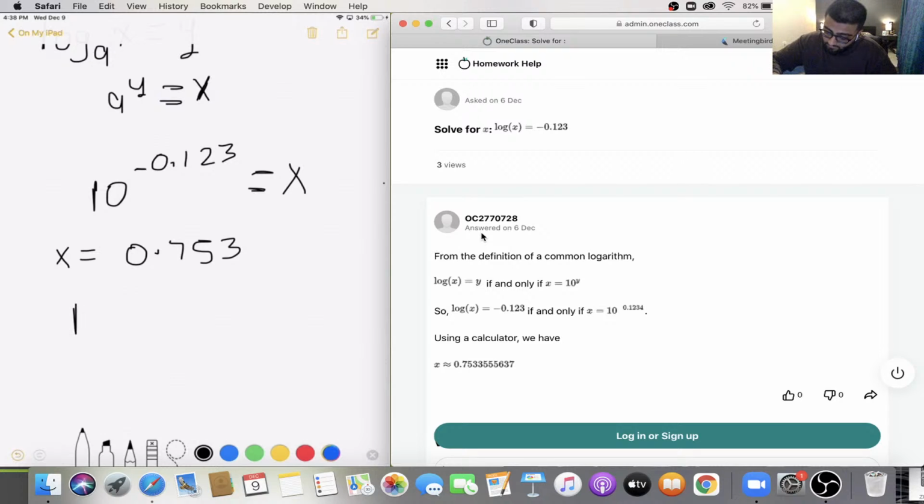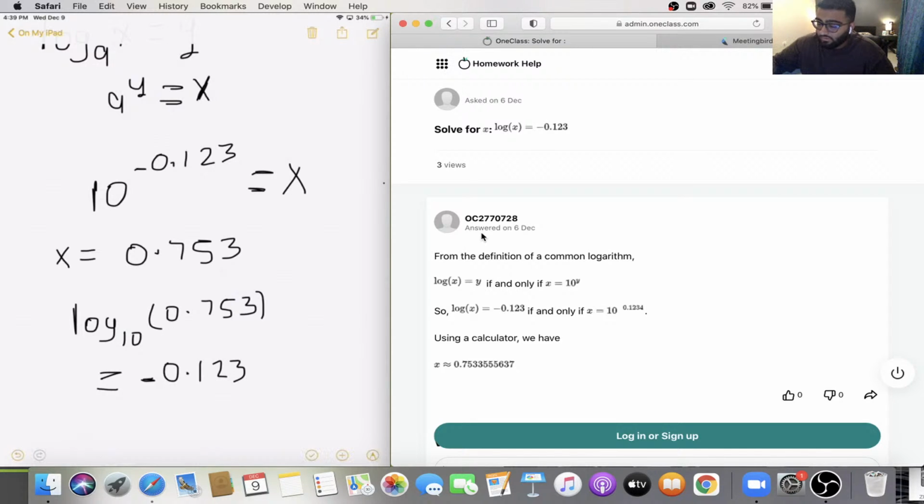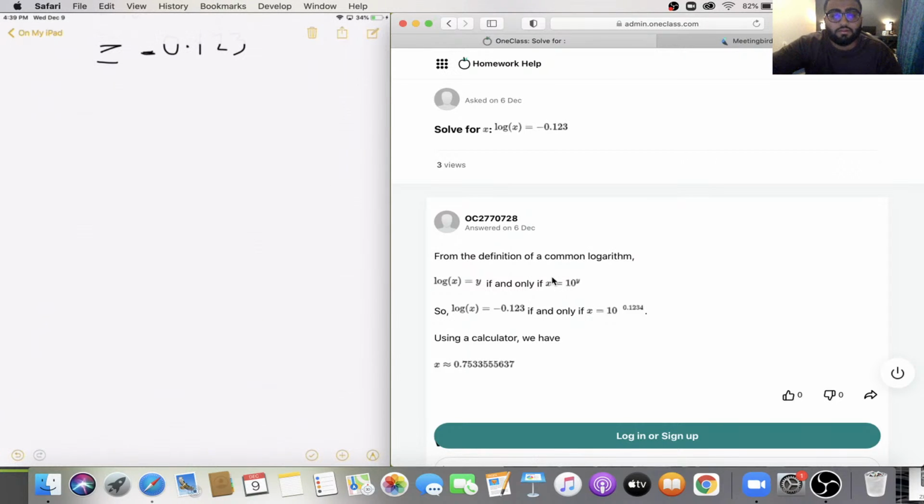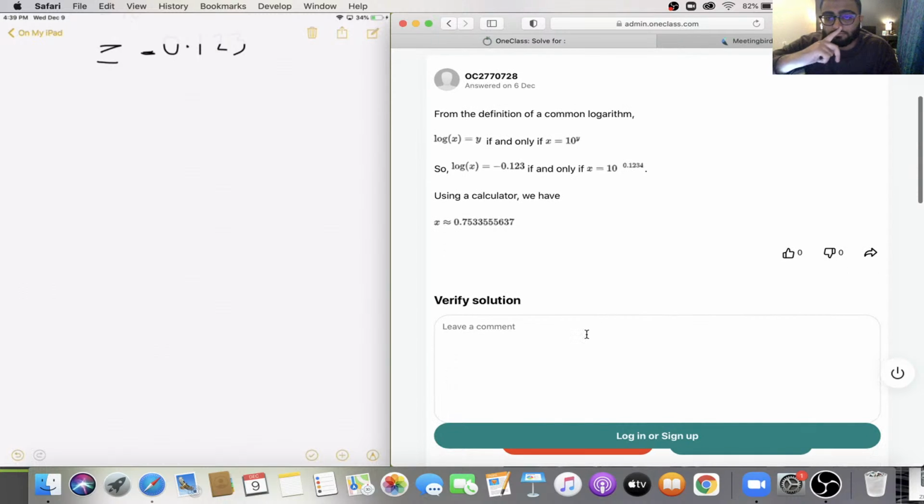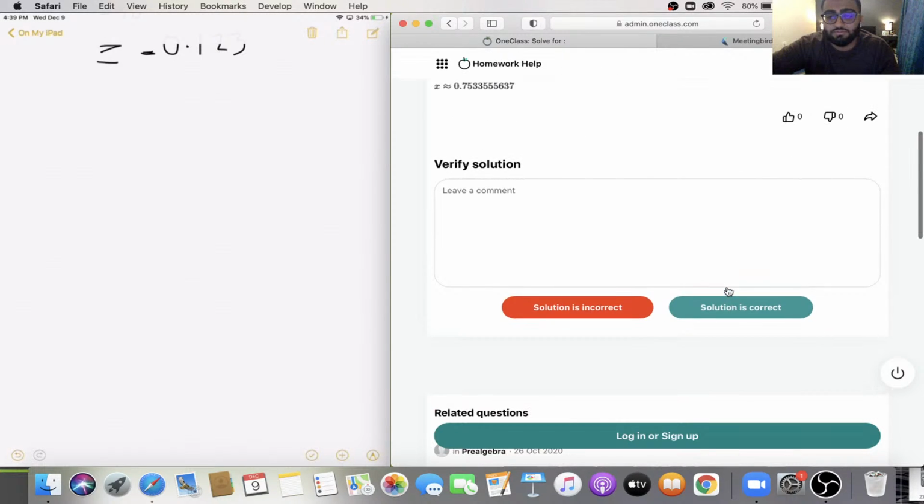So we'll have log base 10 of x, where x is equal to 0.753. Now we sub that into our calculator. So we got log base 10 of 0.753, which gives us our answer of negative 0.123, like we had before. Yep, and they did it the same way. So the solution is correct.